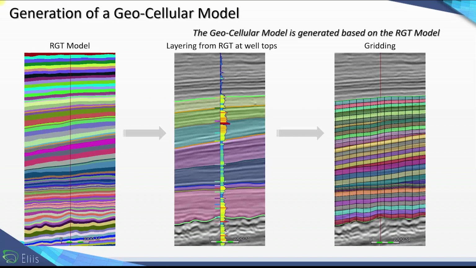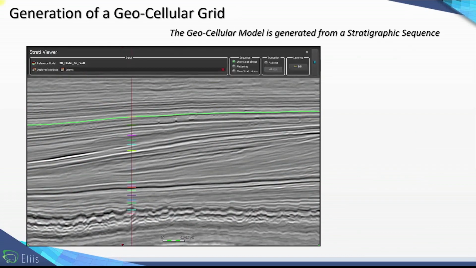And from these main geometries, from the building of these layers in the Strativiewer, we're going to be able to set a gridding with a specific vertical resolution and specific key boundaries. So this is what you can see here on the image to the right.